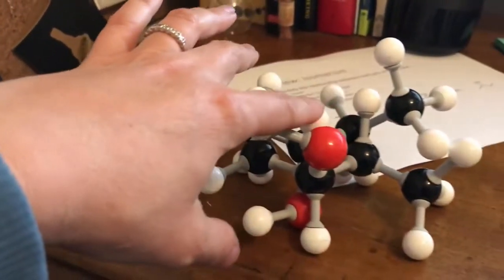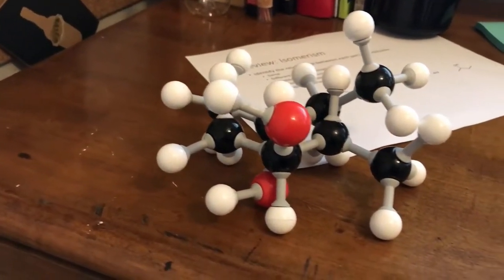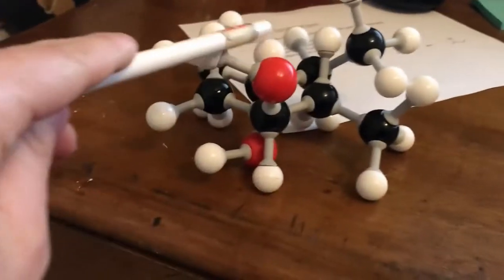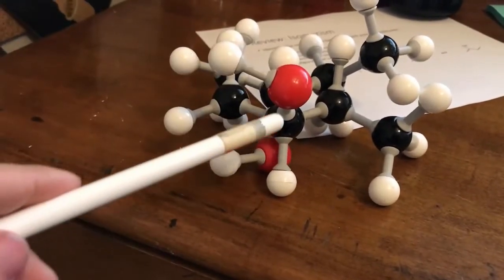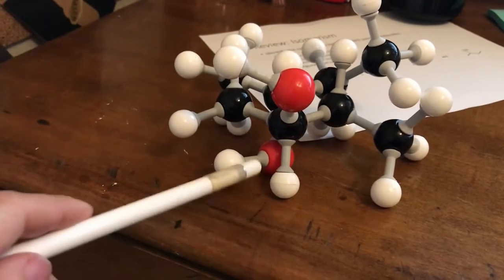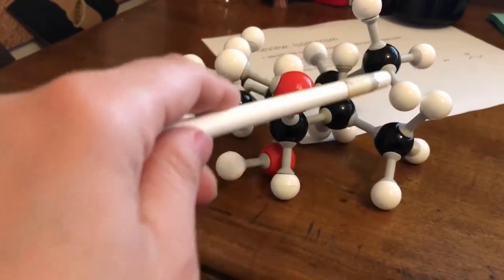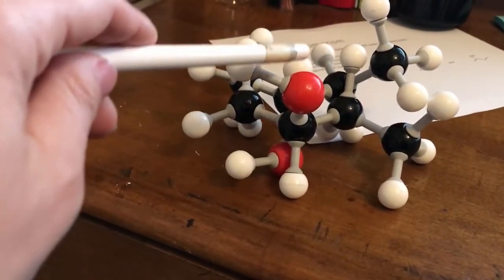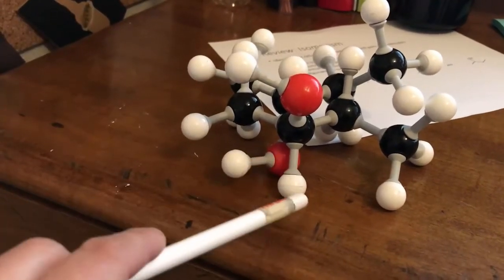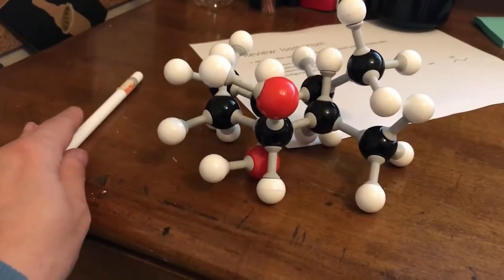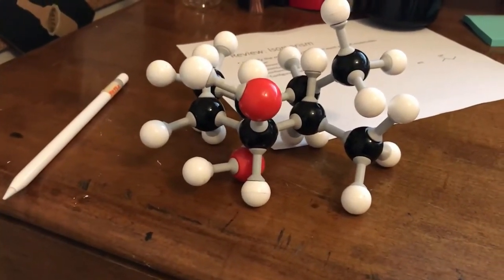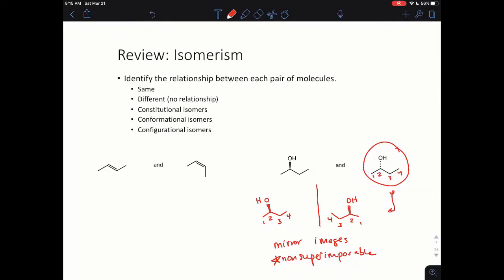The hydrogen is superimposed with the hydroxyl group, and same on this one. The carbons are all lined up pretty much, but we don't have the hydroxyl and the hydrogen lined up. They're non-superimposable mirror images, aka enantiomers.